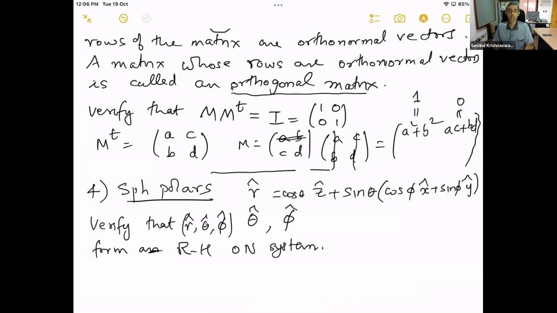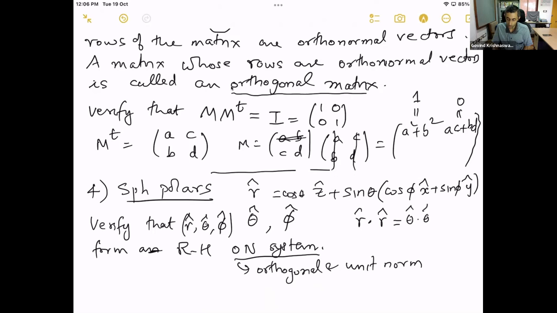Okay, so this involves several things. First, orthonormal means that we need to check orthogonality and unit norm. It is easy to forget that. So we have to check that r hat dot r hat is 1, as is theta hat dot theta hat, and phi hat dot phi hat.